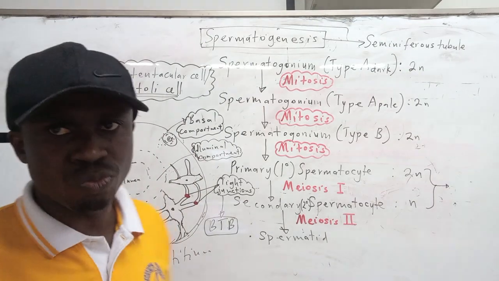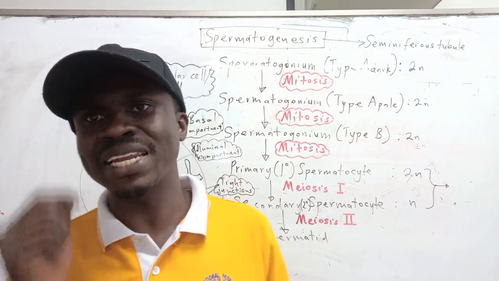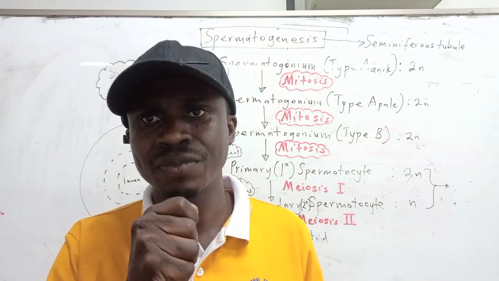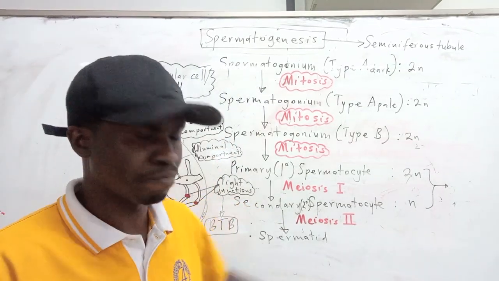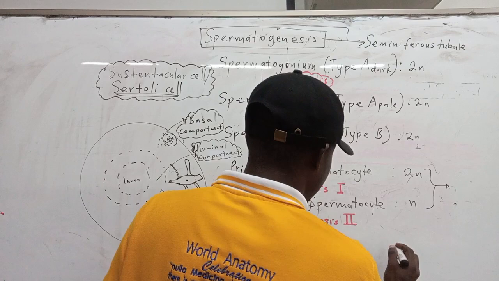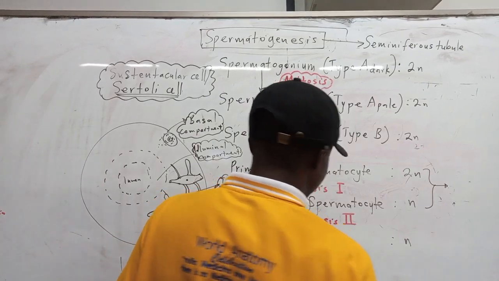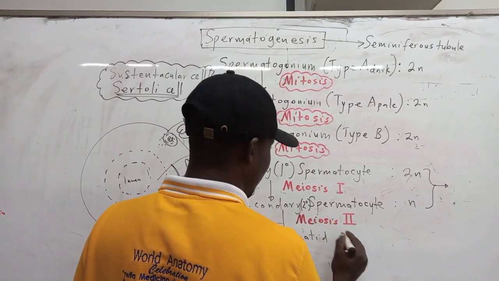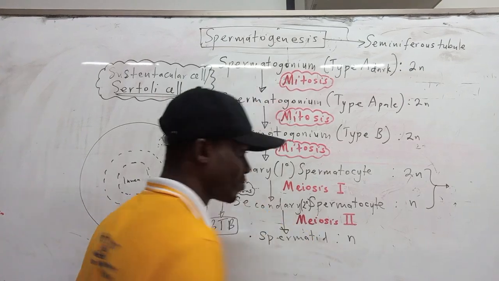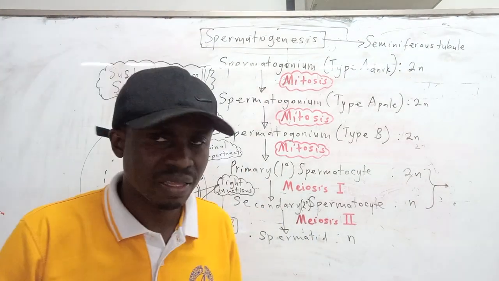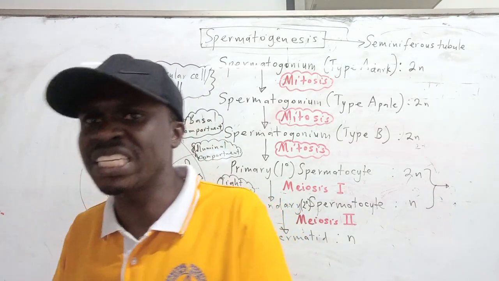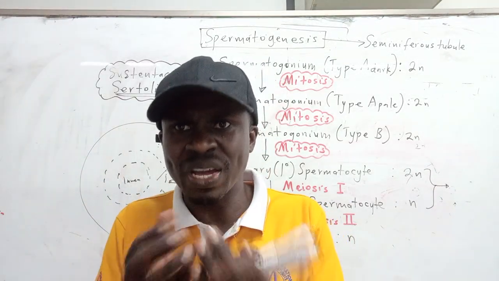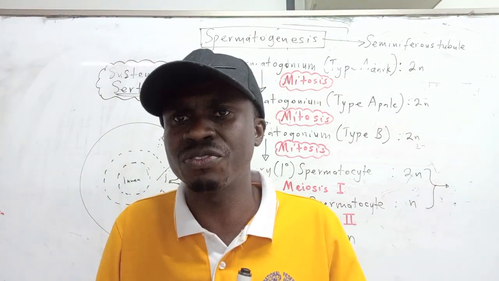And you know meiosis 2 more than I do, that meiosis 2 is an equational division. For this reason, if this is N, haploid, this one will also be N. Now this haploid, we have early spermatid and late spermatid. They are usually circular, oval structures.